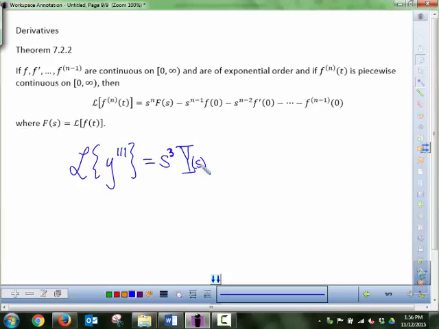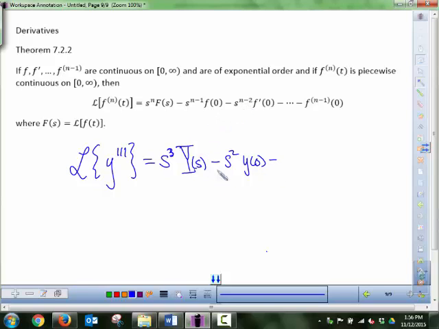Y of s is the function that you're going to eventually solve for, minus, and then I'm going to start deleting 1 or subtracting 1 from the power of s squared, and then I have the original function y of 0. Keep the minus signs going.